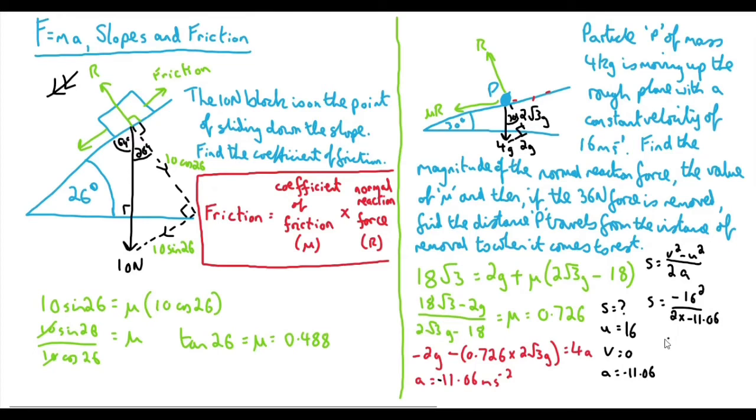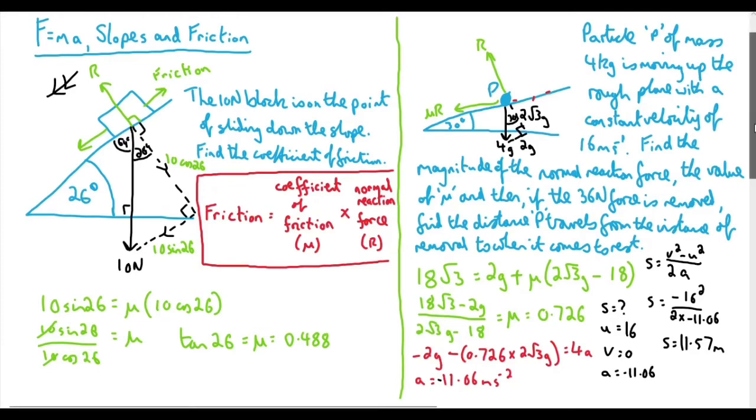This gets you a distance that it will travel before resting of 11.57 meters. Now this may seem like quite a long way for this particle to be traveling, but you also have to acknowledge this thing was moving 16 meters every second. So this must have been a pretty big slope to start off with. If you're happy with that, you can see how we got to that answer by changing the model and then getting the values we need for a Suvat.